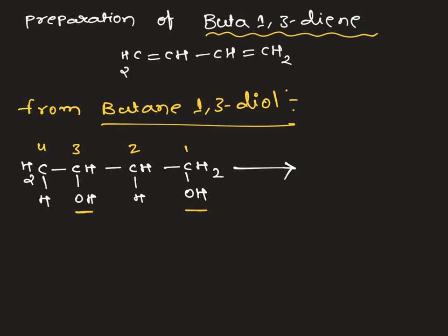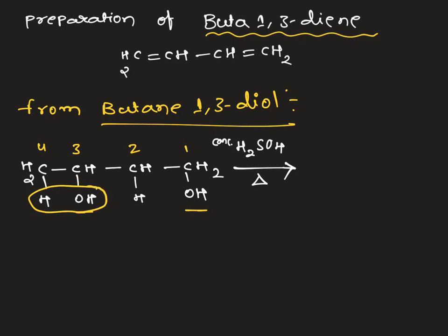How can we convert it into a diene? It is a dehydration reaction. If we use a dehydrating agent like concentrated sulfuric acid and heat it, there is an elimination of water molecules.